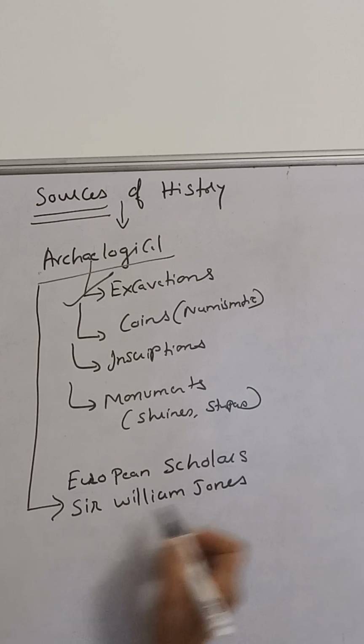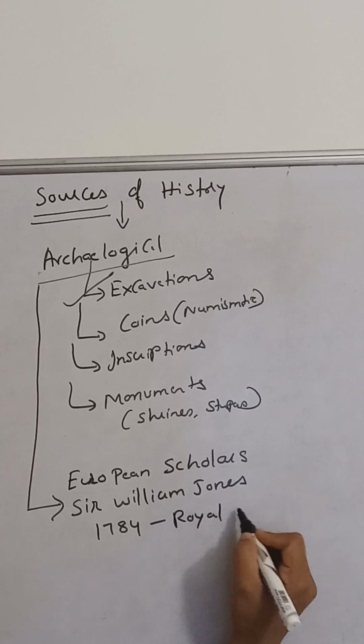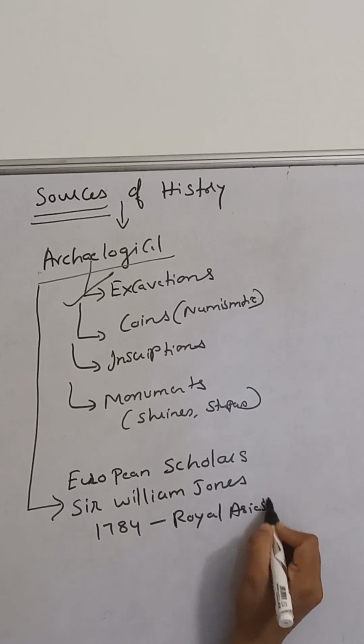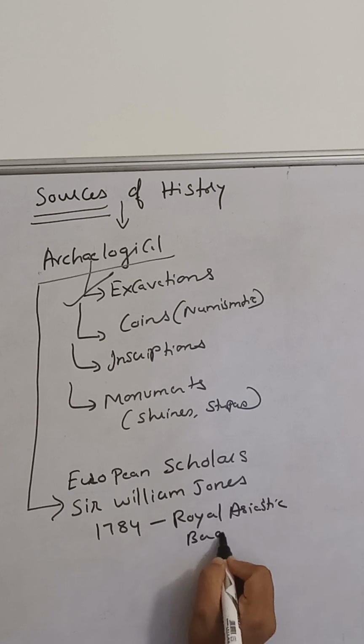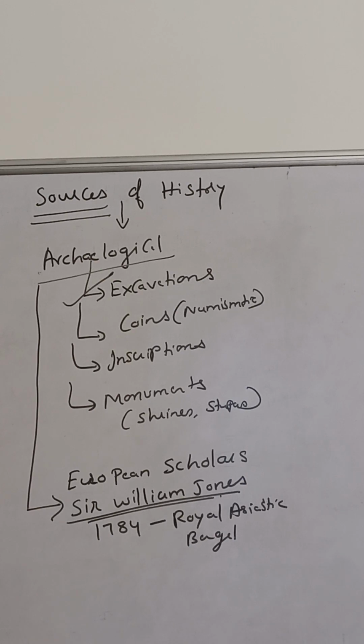He established the Royal Asiatic Society of Bengal in 1784. He was deeply interested in the Orient, had an Indian bent of mind, and wanted to discover a lot about India.